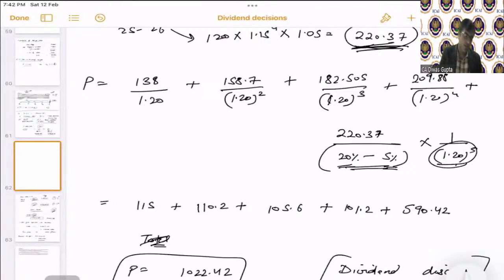So we can simply divide by 15% using the calculator, and then keep on dividing it by 1.2 one time, then again two times, again three times, again four times, and again divide by 1.2. Then comes 590.42. This is the number. I don't know whether it is visible or not. But using a calculator, we can just do the steps that we could have done manually.